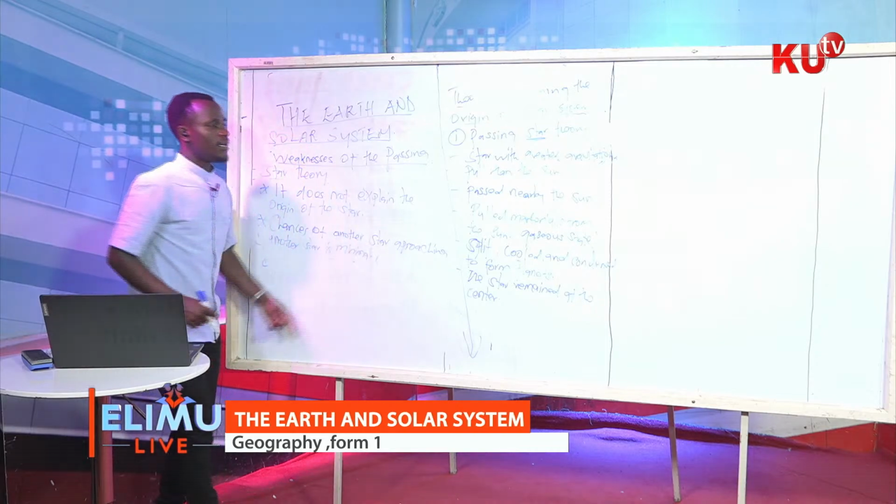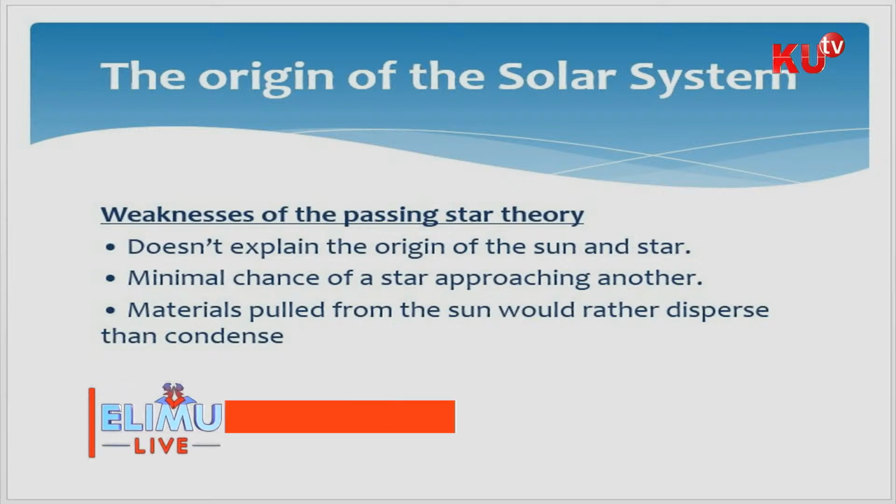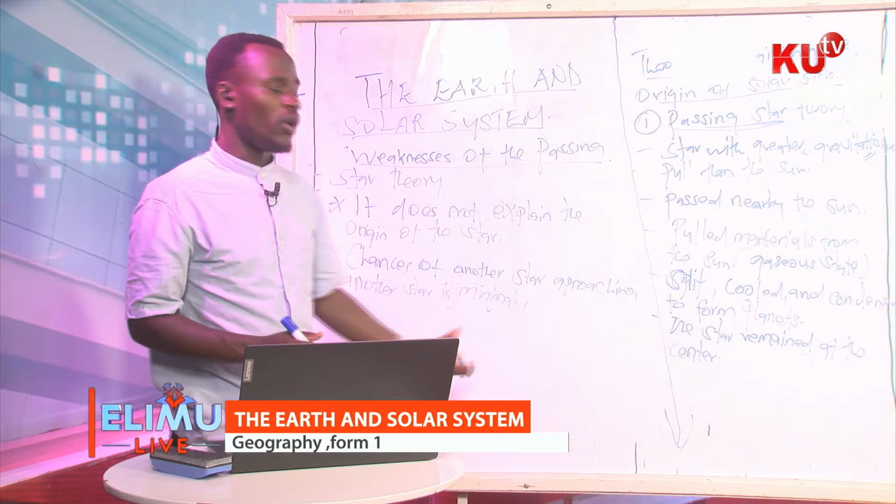Remember, it is a passing star, and we all know that the sun is also a star. There is no way a star and another star can approach each other. So the chances of another star approaching another star are very minimal.